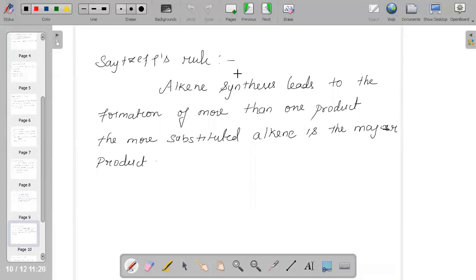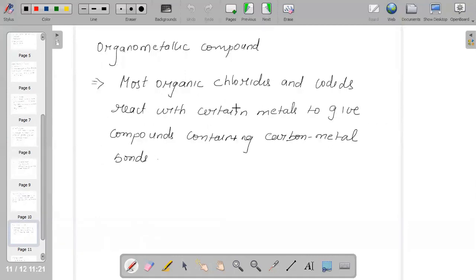It is called Saytzeff rule, according to which, although alkene synthesis can lead to the formation of more than one product, we can say which is the major and which is the minor. The more substituted alkene will be considered the major product. Whichever has more substitution, that particular product you can consider to be the major product.